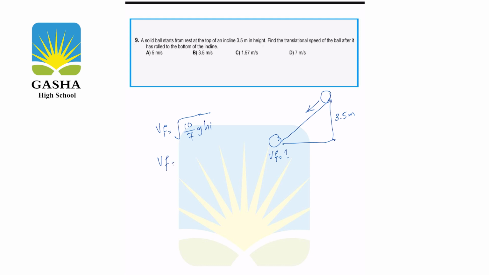VF is equal to the square root of 10 over 7 times 9.81 times H, and H is 3.5, and the result is 7.00-something, so let's approximate it as 7, and that makes D the correct answer.